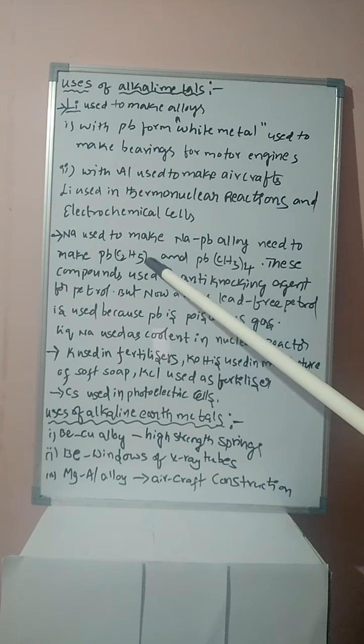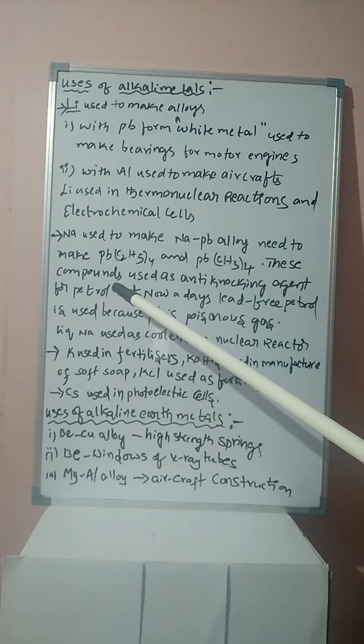We know that tetraethyl lead and tetramethyl lead are used as anti-knocking agents for petrol. Generally, petrol engines cause some knocking sound. The sound of petrol vehicles is reduced by using a substance known as an anti-knocking agent. To reduce the sound from the vehicles, tetraethyl or tetramethyl lead is added.